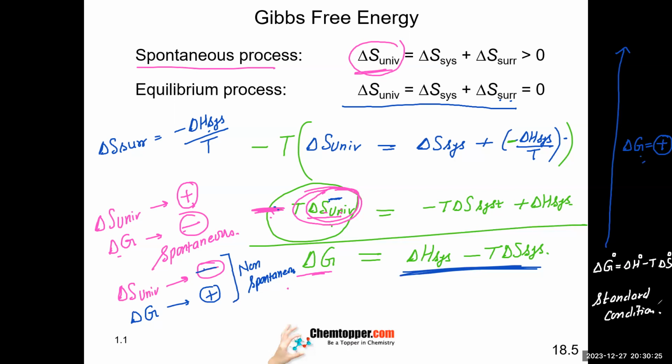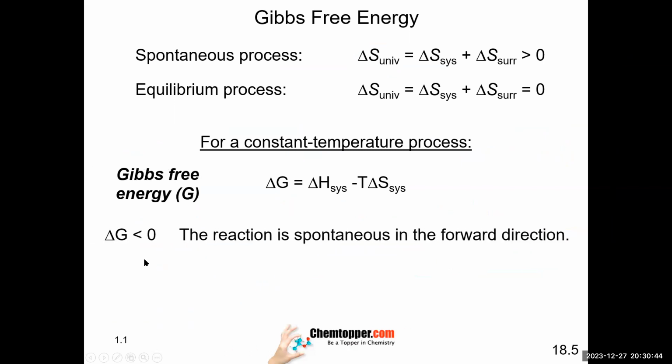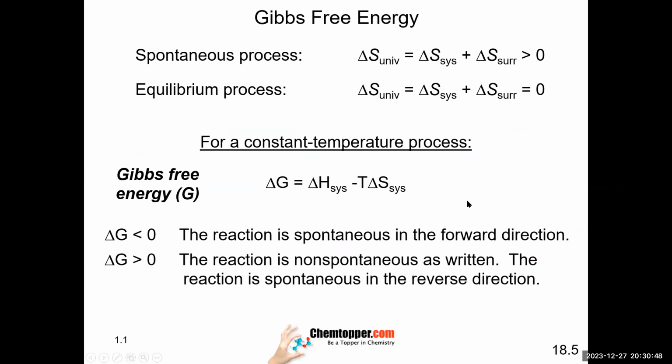The meaning of spontaneous and non-spontaneous, the sign of delta G. Memorize it right away. So the processes which can take place on their own are spontaneous processes. For that, delta G has to be less than 0, meaning negative. If delta G is greater than 0, if it is positive, then the process is non-spontaneous. Is it okay?